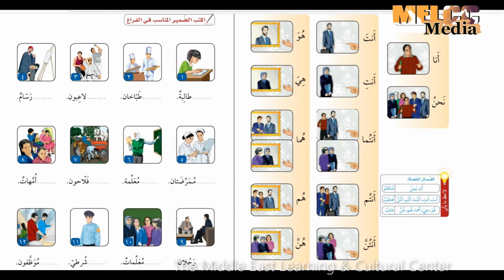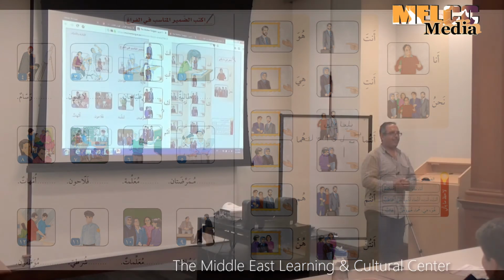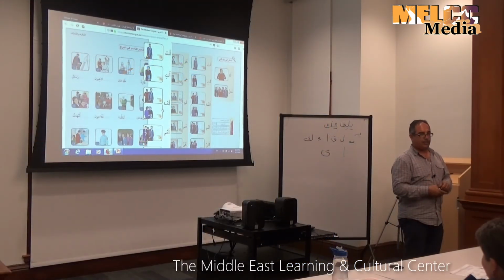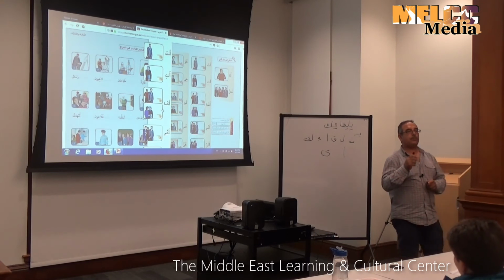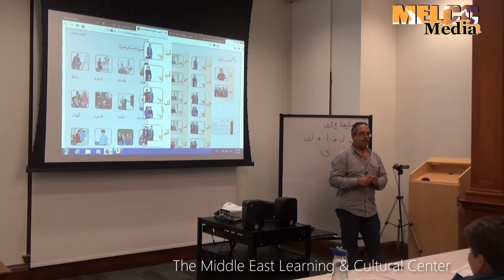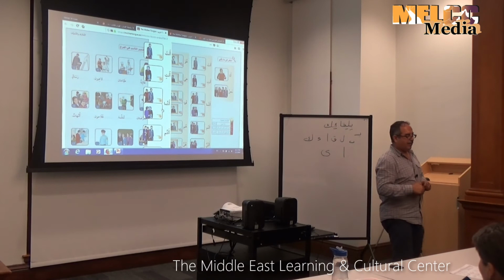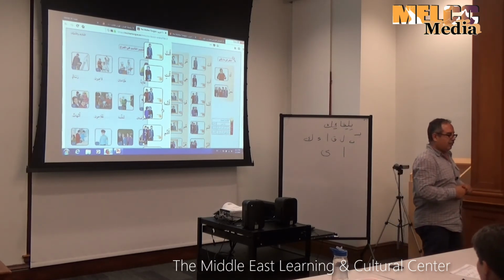This part, when you talk about the second person, you as a single person or as an individual is anta. Anta, you can read it. See, an, and there's ta with fatha. Anta. Not only that, we have dual and pairs.